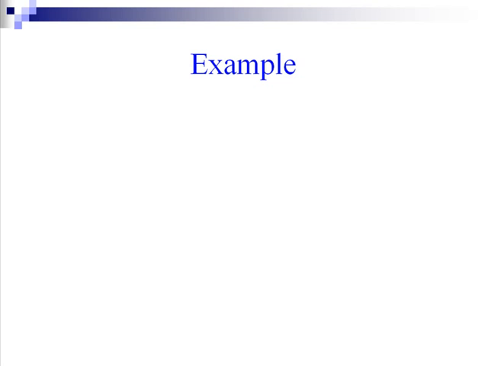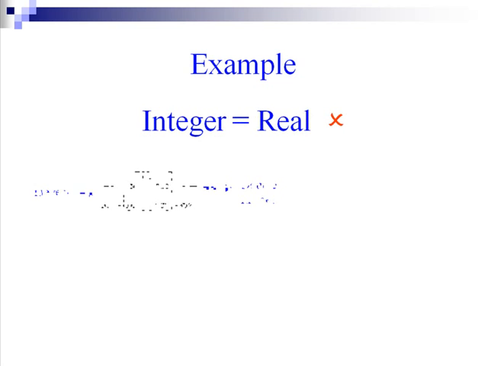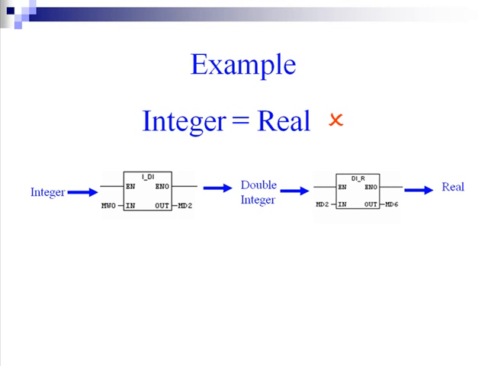Next, let's say I was to require the comparison of a real number to one that is an integer. Looking at the available instructions, I have some choices. If I wanted to perform the comparison in the real format to preserve the decimal point, I would first need to convert the integer to a double, and then convert the resulting double integer to a real.